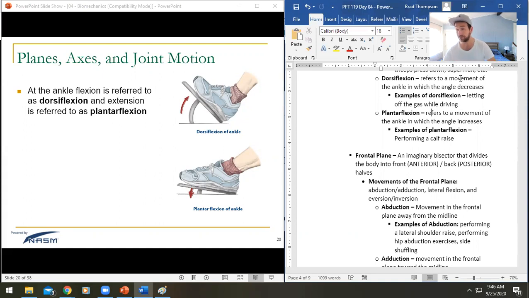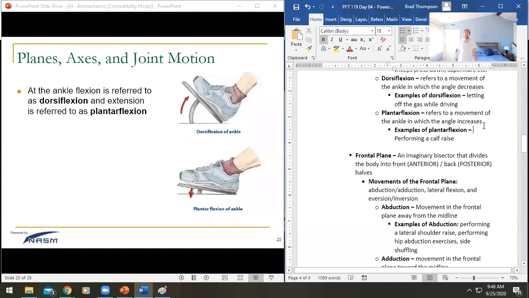This is a term we are going to use a lot because for most of your clients, it is the most common overactivity that we see. Most people are great at plantar flexion and they suck at dorsiflexion.